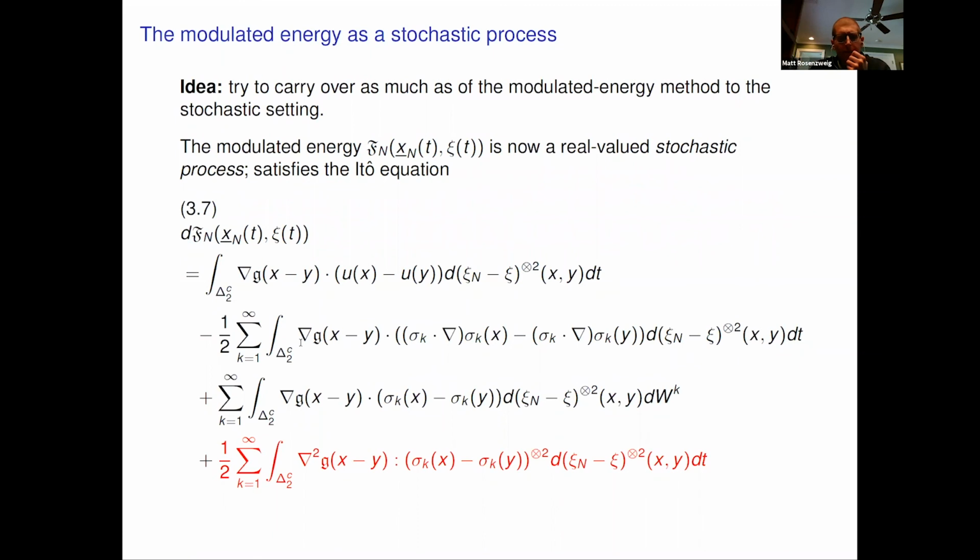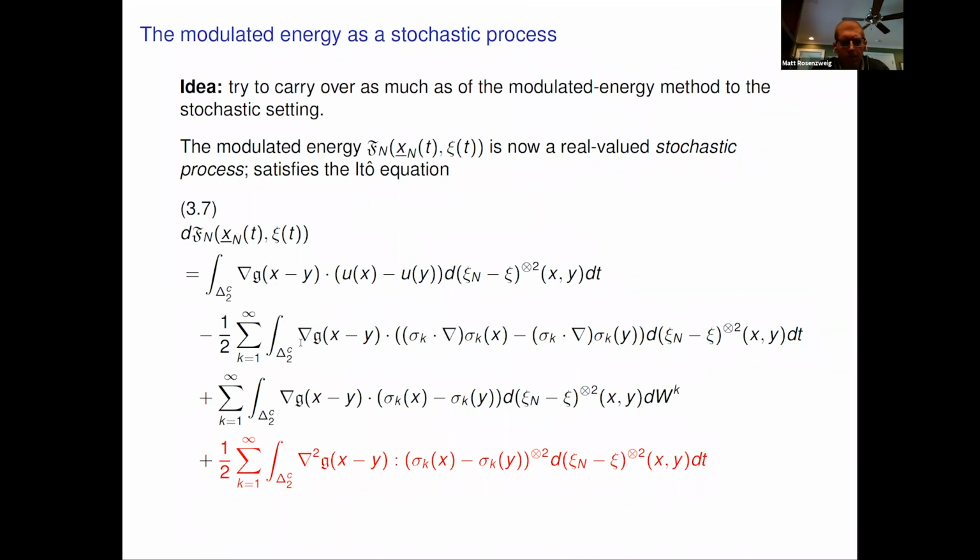Okay. So what's different here in the stochastic setting? Well, the idea is to try to carry over as much of the modulated energy method now in the presence of noise, because this is a good method and we want to use it. It's quite powerful. So now the modulated energy is a real valued stochastic process, and it satisfies this Ito equation given by 3.7.